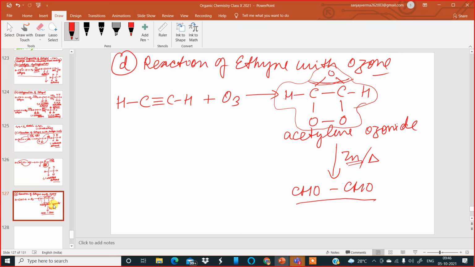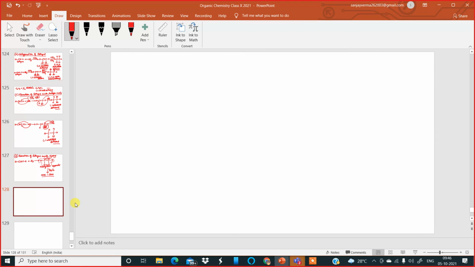Now the next one is number E, oxidation of ethyne by using cold and dilute alkaline potassium permanganate solution.